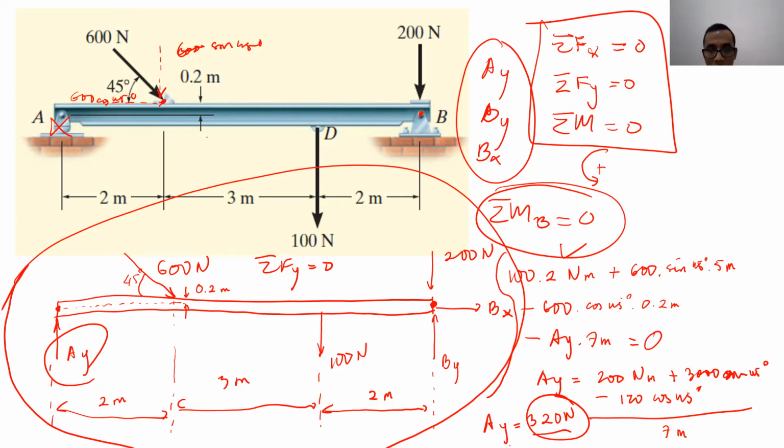Not necessarily. You have to calculate for the total force, so we cannot conclude it like that. You mean like at P, there is a Py. Py is going up because 200 Newton is going down, right?